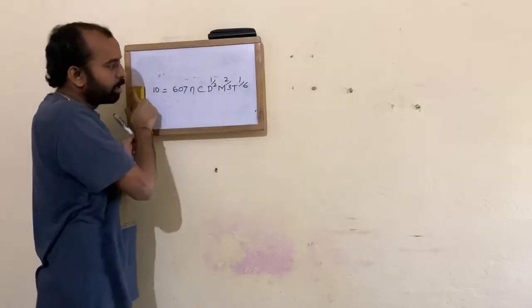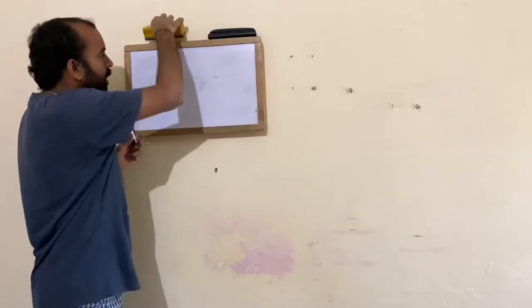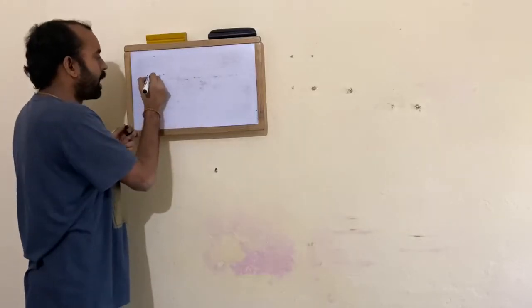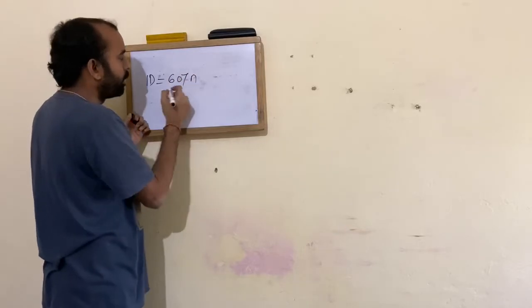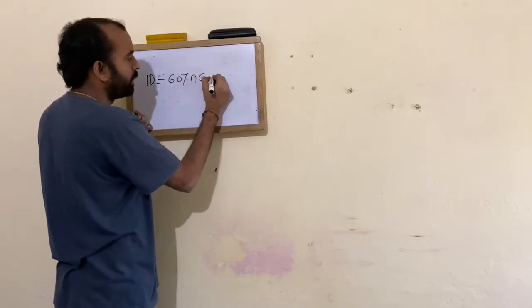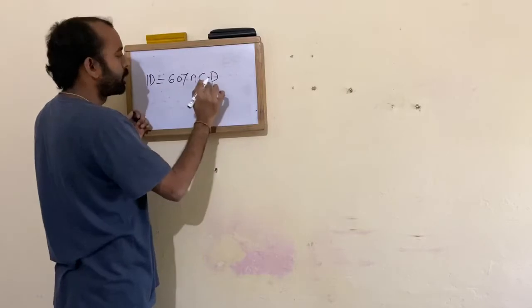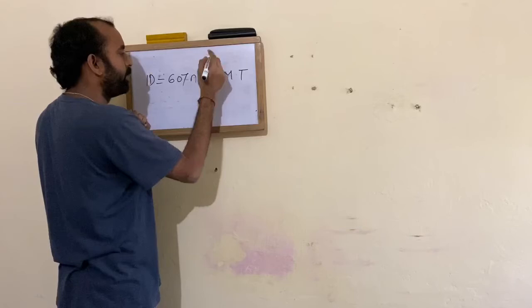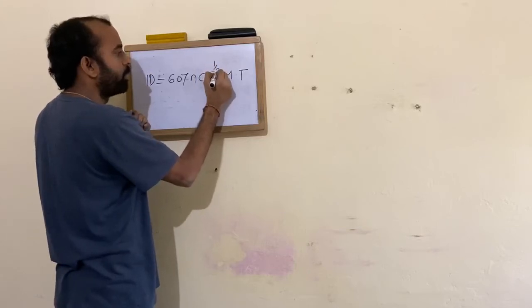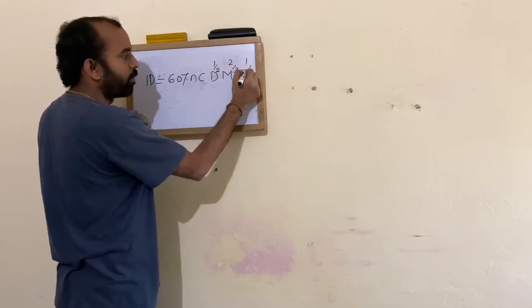So here the total equation again I will write in the large value, that is ID is equal to 607 into N into C into D, M and T. Here D stands for 1 by 2, and M 2 by 3, and T 1 by 6.